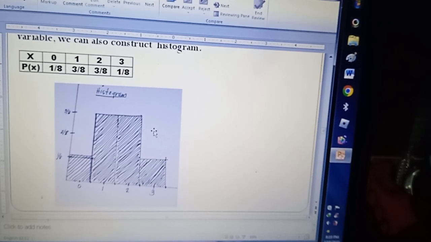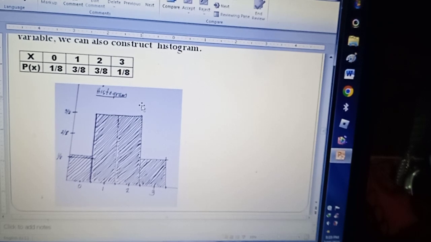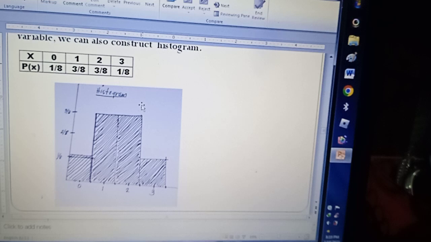So after that, we have already drawn the histogram, and we have presented the discrete probability distribution also through a histogram. So we have presented the discrete probability distribution from the experiment of tossing a coin thrice, accounting the number of heads in the outcome, in 3 ways, that is through a table, through this probability mass function, and also through a histogram.